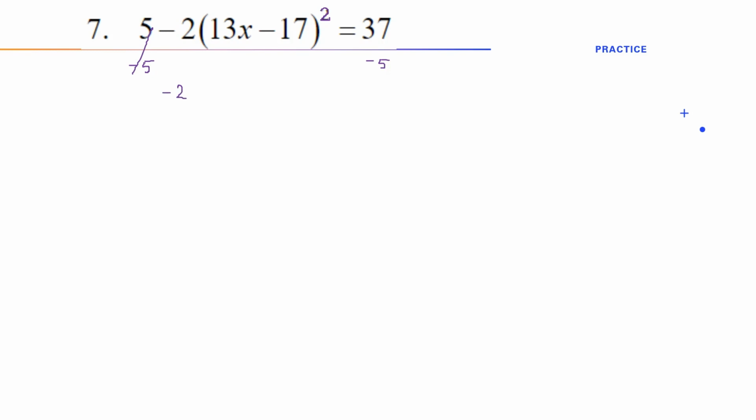We are left with negative 2 times 13x minus 17 squared equals 32. Now we divide both sides by negative 2. This is 1, so we are left with 13x minus 17 squared equal to negative 16.